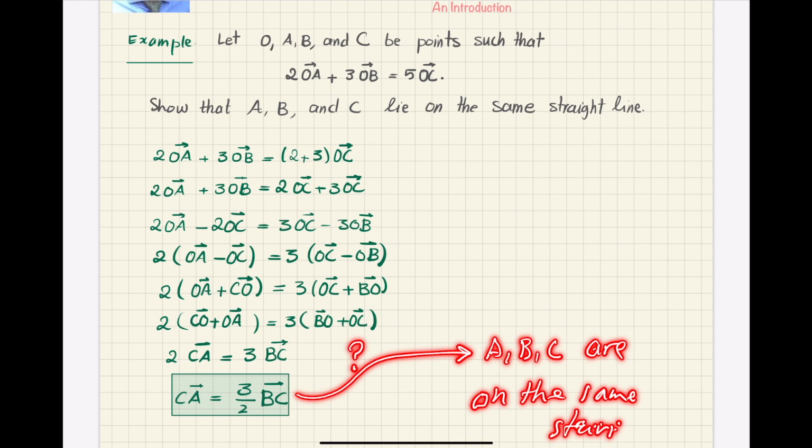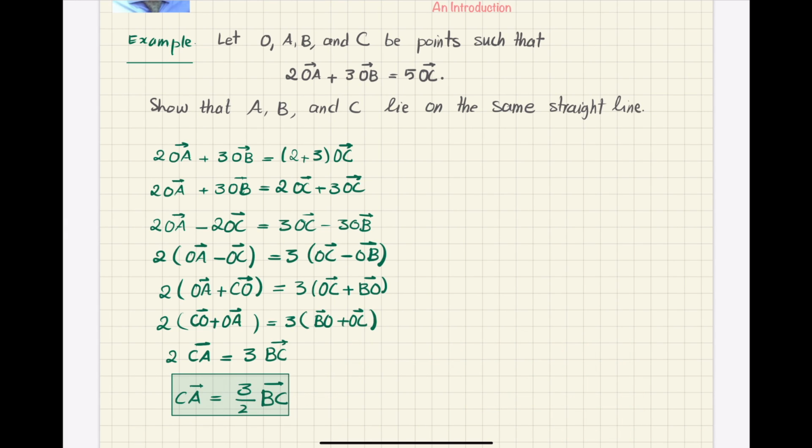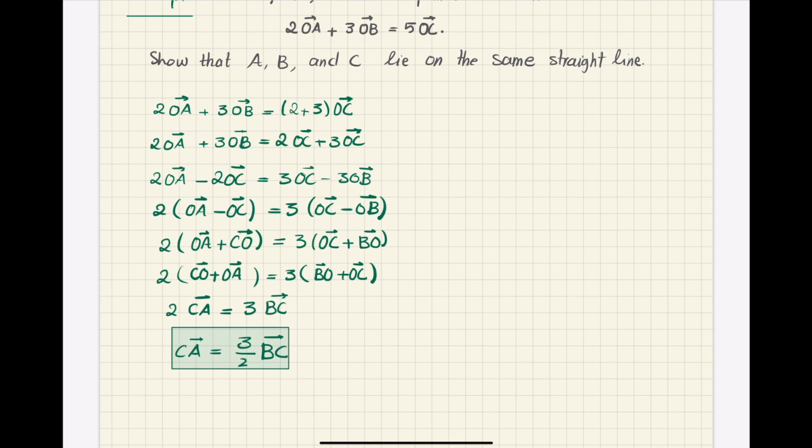A straight line, yes. Why? If CA, if BC, if the line BC is 3/2 of line CA, then I mean, no. Yes?